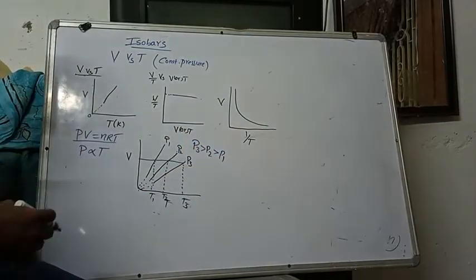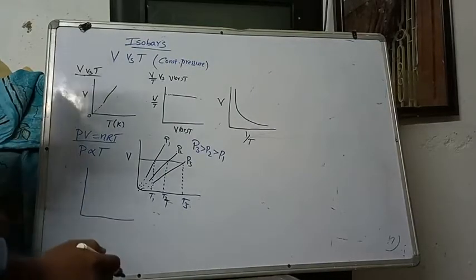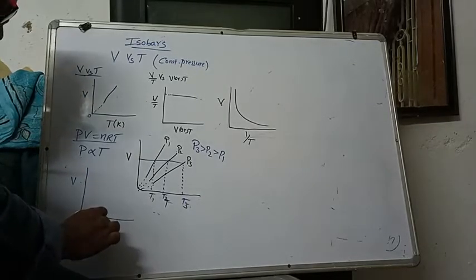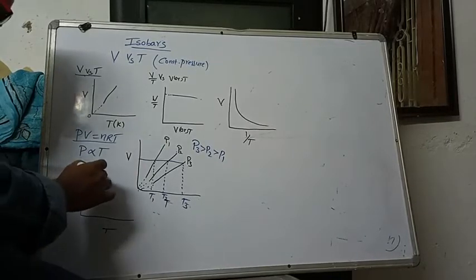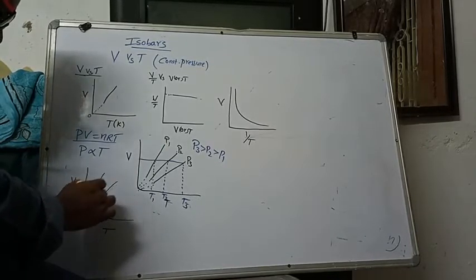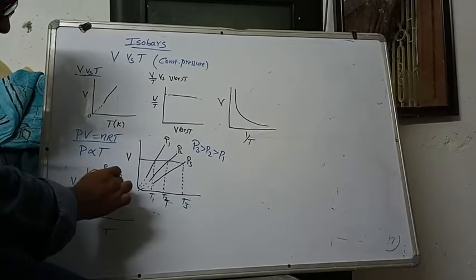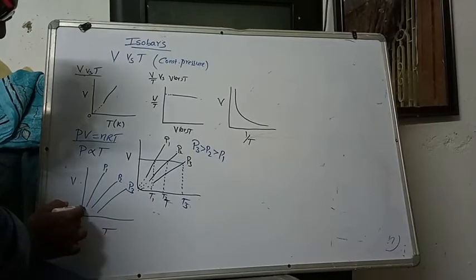Now suppose I keep temperature constant here. Here volume and temperature. I am taking three types of graphs here. This will be P1, this will be P2, and this will be P3. If you extend them, they pass through the origin.